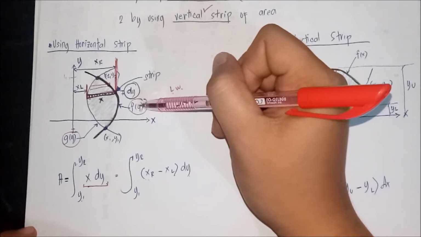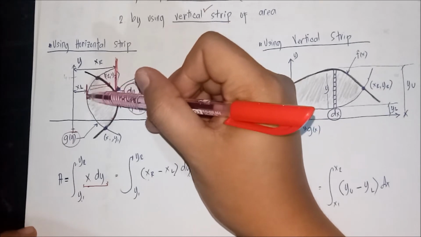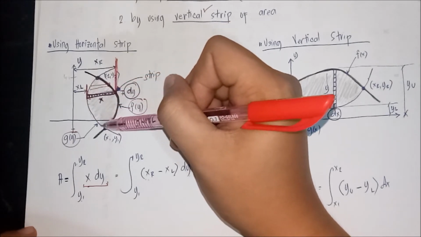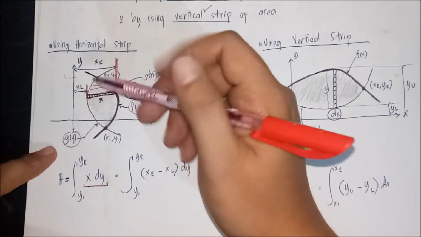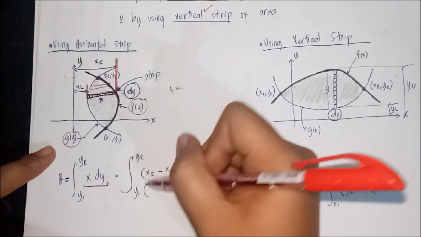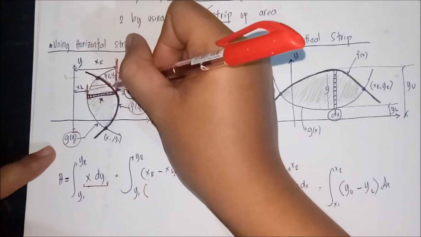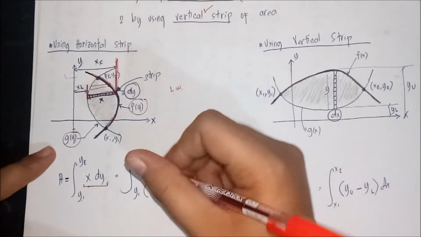Di po ba? Ito namang isa, nagbabago din yung value ng XL class. Nagbabago siya based saan? Based dito sa ating function na G of y. That is why sometimes, yung XR natin, papalitan siya ng yung graph or yung tawag nito, function mo sa right side, which is in this case, si F of y.